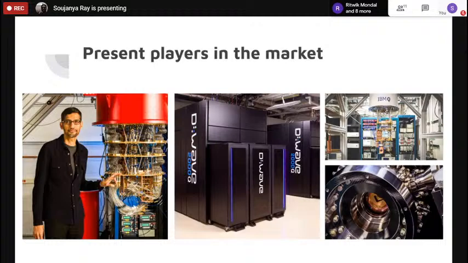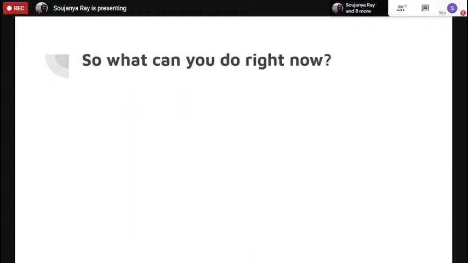So what can you do right now? We have already explored the field and what it is about. But what can you, as a student or a researcher, do right now? First, stop worrying about the hardware, because the hardware is way too expensive and complicated for us to design from scratch.